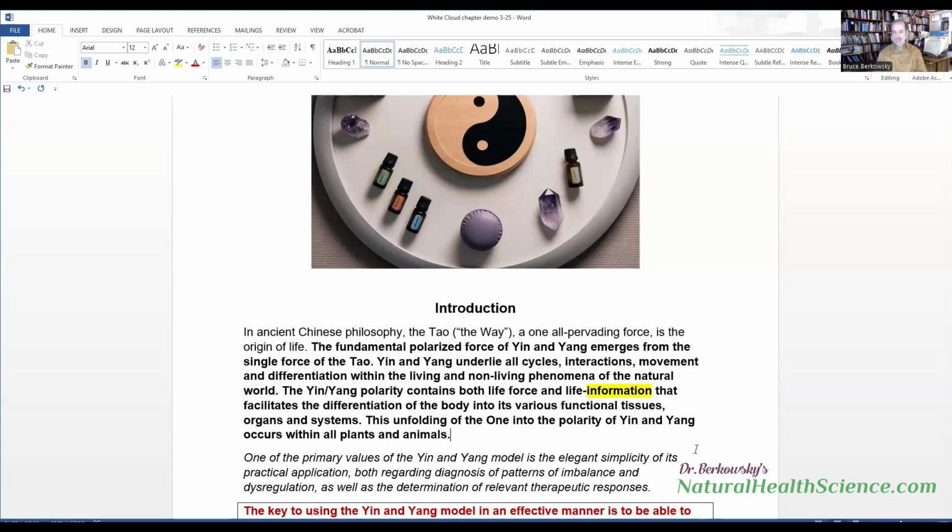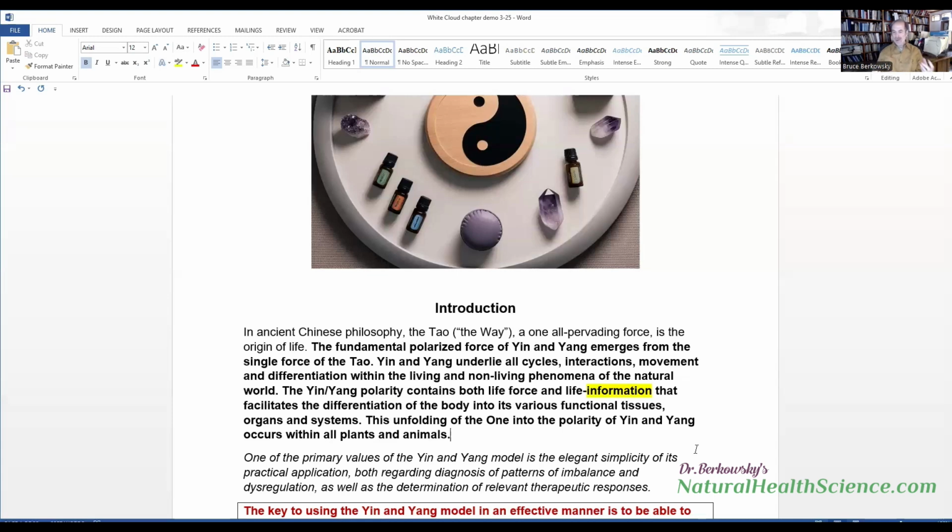Now, in quantum physics, the world beyond this world, what they refer to as the non-local dimension, which we can refer to as the one or the Tao or spirit, is populated by light waves. And one of the properties of light waves is that light waves can store information. So all these light waves in the non-local dimension, using quantum physics terminology, have some information.